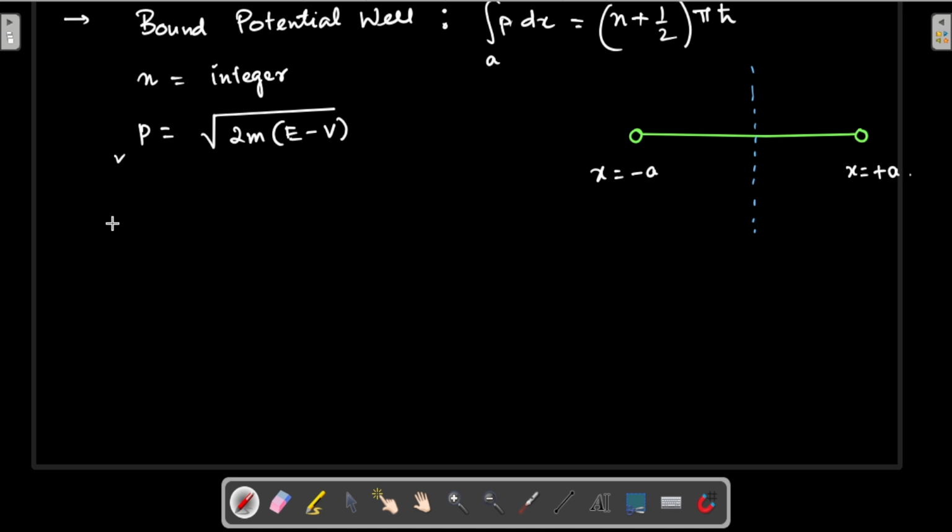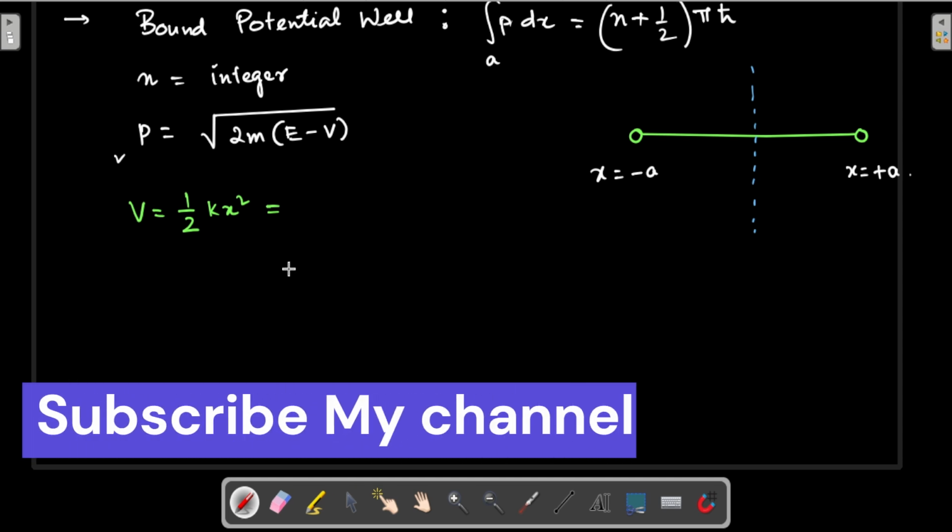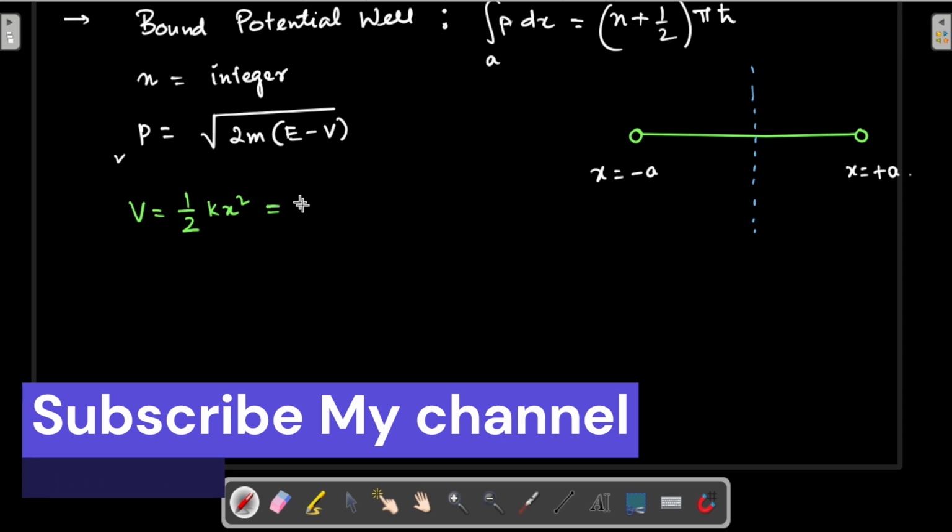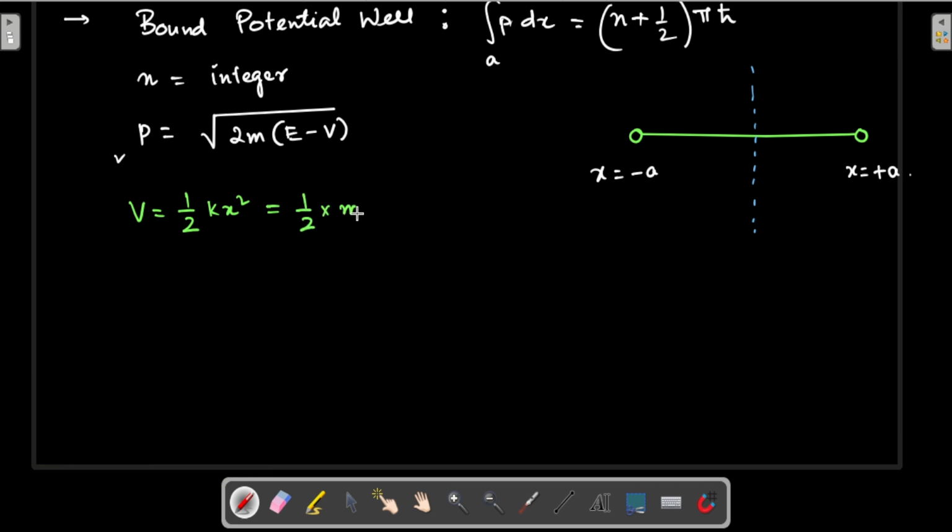For the derivation of p, we know that the potential energy V of a harmonic oscillator equals half k x square. We have learned this in class 11, in the chapter on simple harmonic motion.